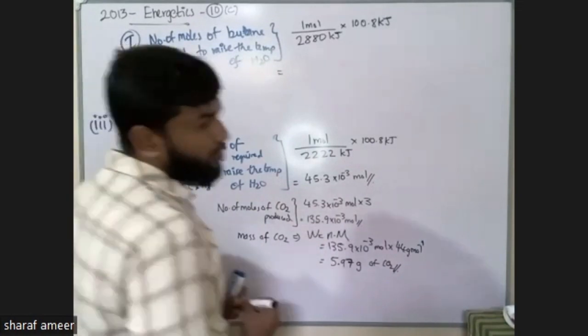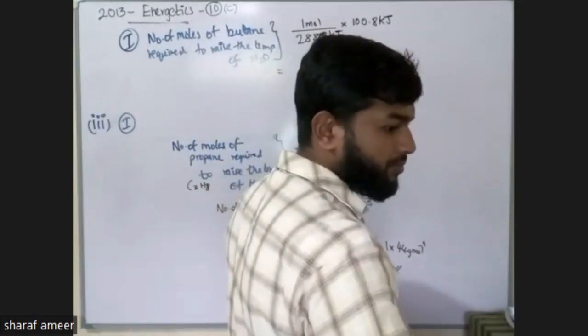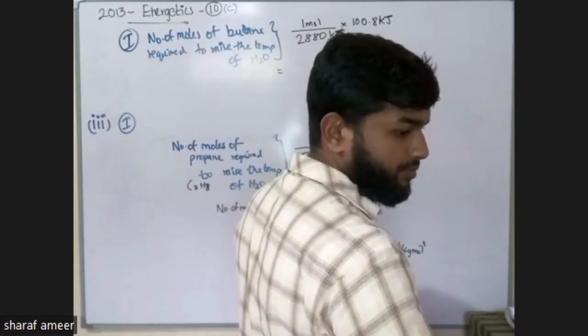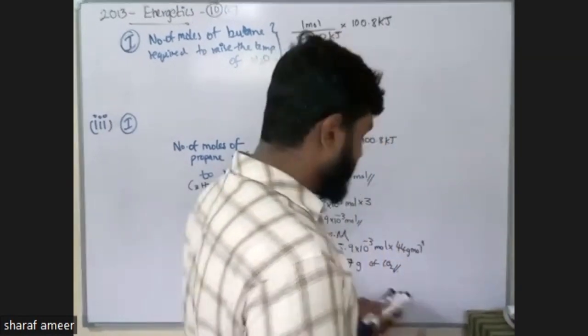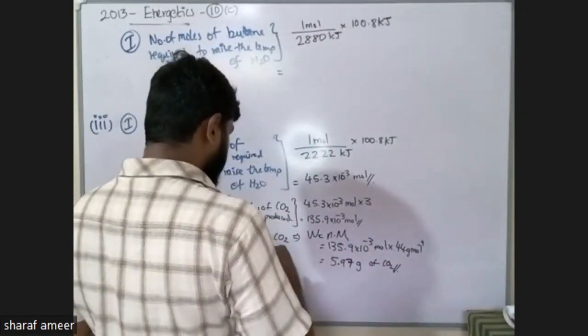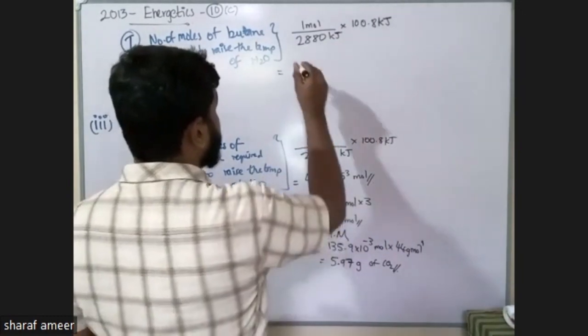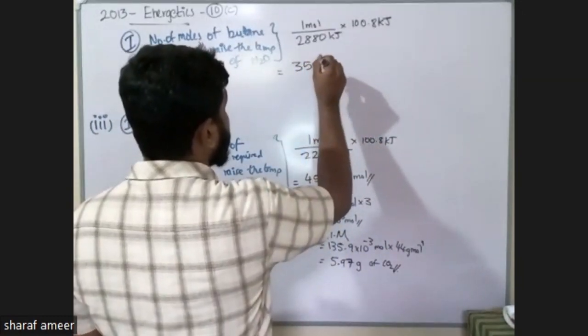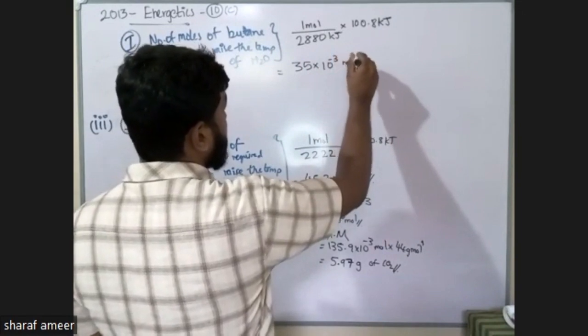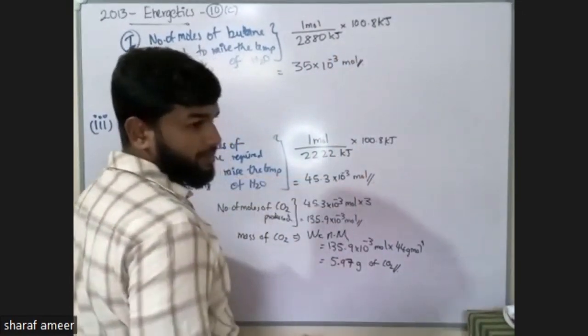So therefore, you will get 35 into 10 to the power minus 3 moles of butane burned here, right?